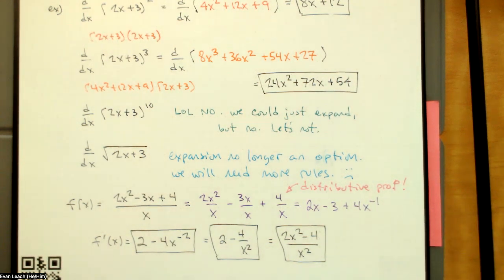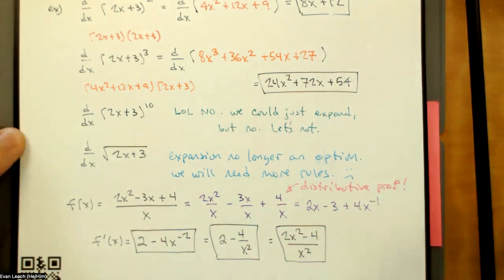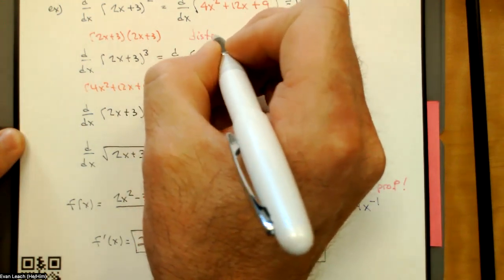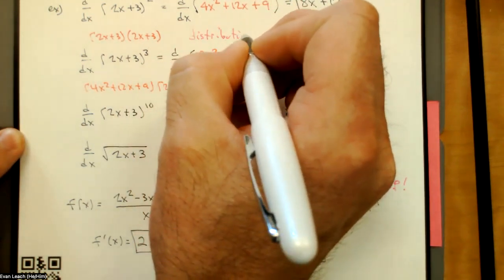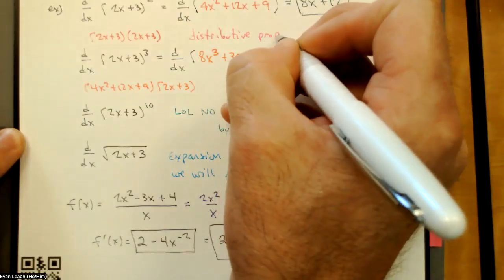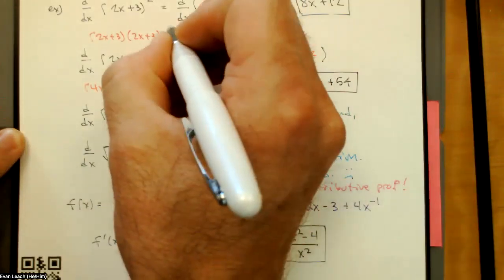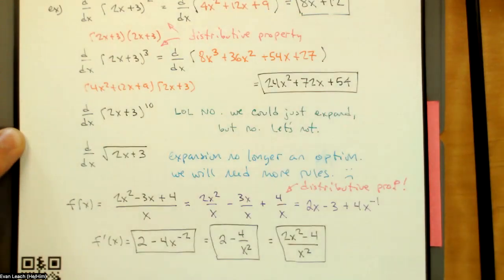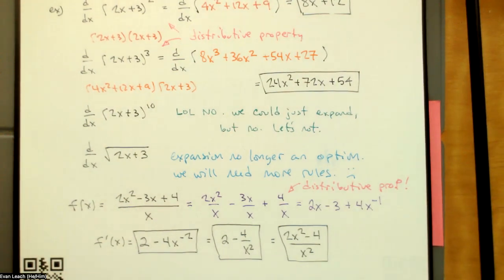So we use the distributive property, just like in those first three examples. On that third one, yeah, we could use the distributive property, but we don't want to.